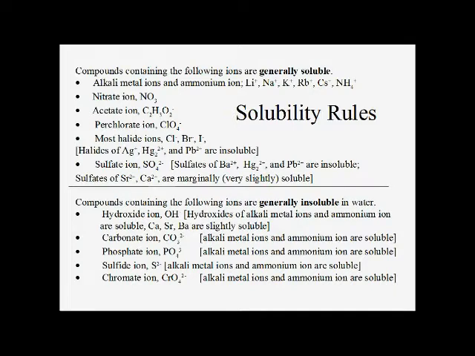So an example would be calcium sulfate. Calcium sulfate occurs in nature as the mineral, the rock, gypsum. We use that mineral to make drywall for our houses. And if we spill water on our walls, they don't immediately dissolve away. But out in nature, gypsum, calcium sulfate, is one of the most soluble rocks that we have.